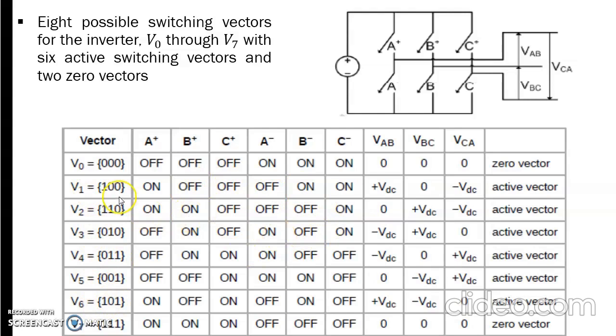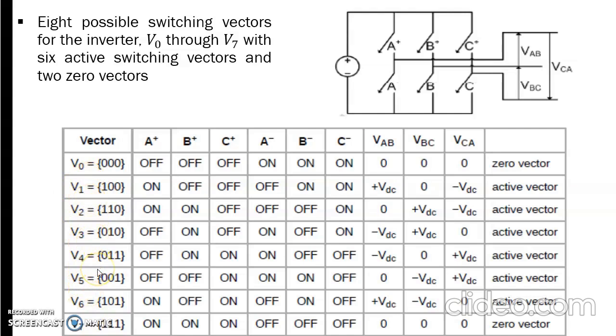And you can analyze that for a particular time interval, suppose the combination is 100, for that interval of the ABC frame, the total output voltage will be the resultant of these active vectors V1, V2, V3, V4, V5, V6.